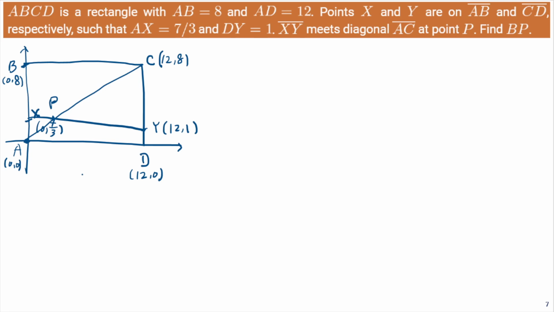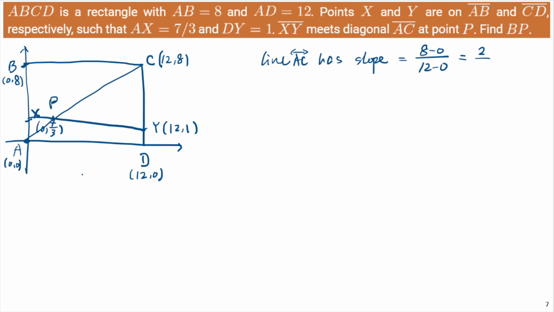Now, if we can find the coordinates of point P, then we can use the distance formula to find BP, right? We know that P is on AC because line AC has slope equals (8 minus 0) over (12 minus 0).